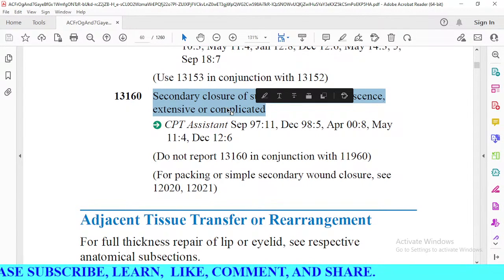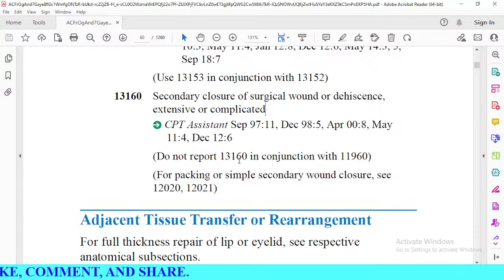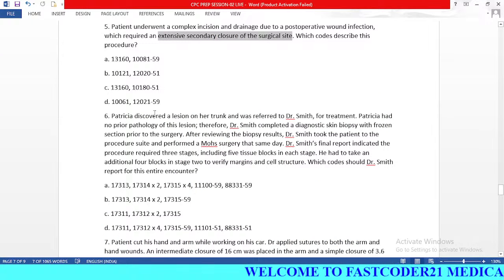So as I told you before, you need to check before and after this 13160. If we see here, do not report 13160 in conjunction with 11960. That is something different. So for packing or simple secondary wound closure, we need to check 12020, 12021. So anyway, this is secondary closure, which is correct along with our question. Now we can check 10181.